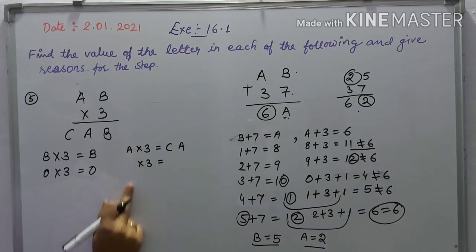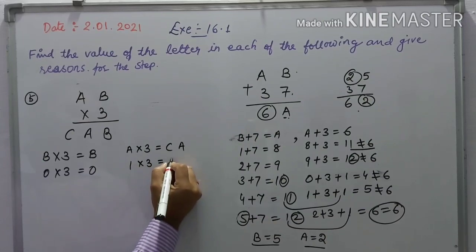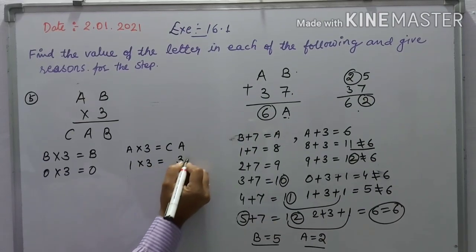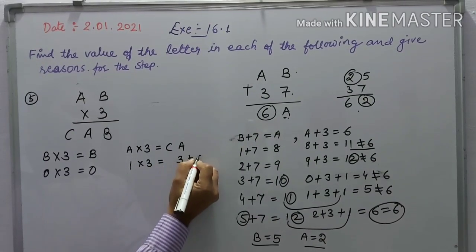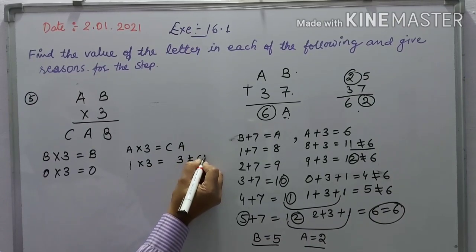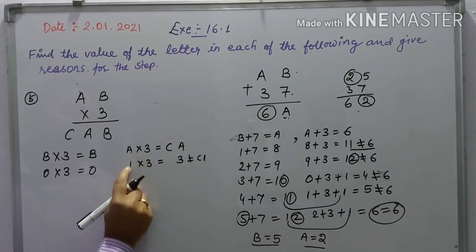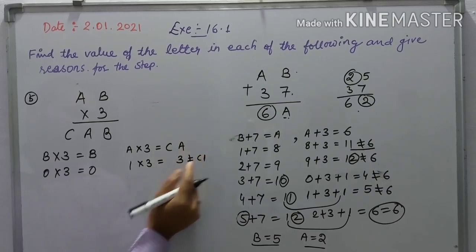A value, suppose you put the value of 1, this is 3. 3 is a unit digit. It is not equal to C1, because the value of A is 1.